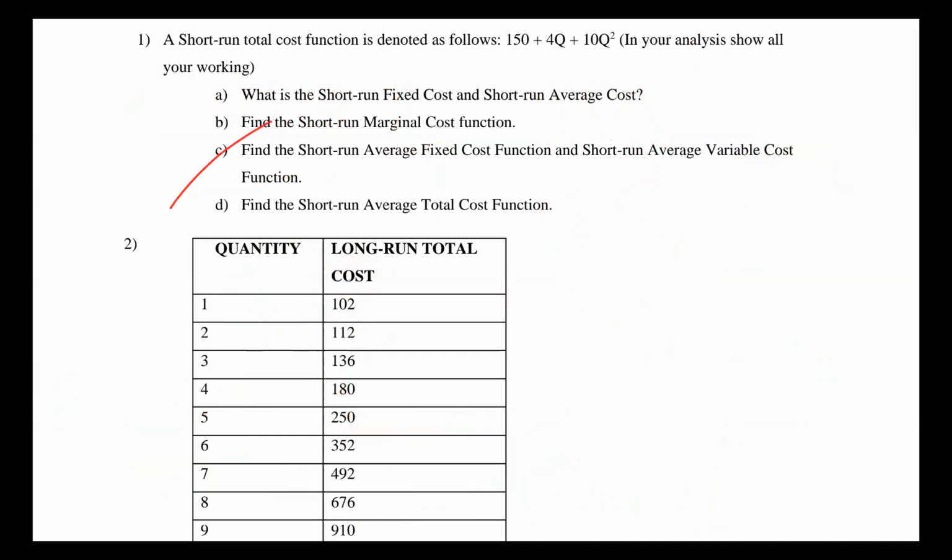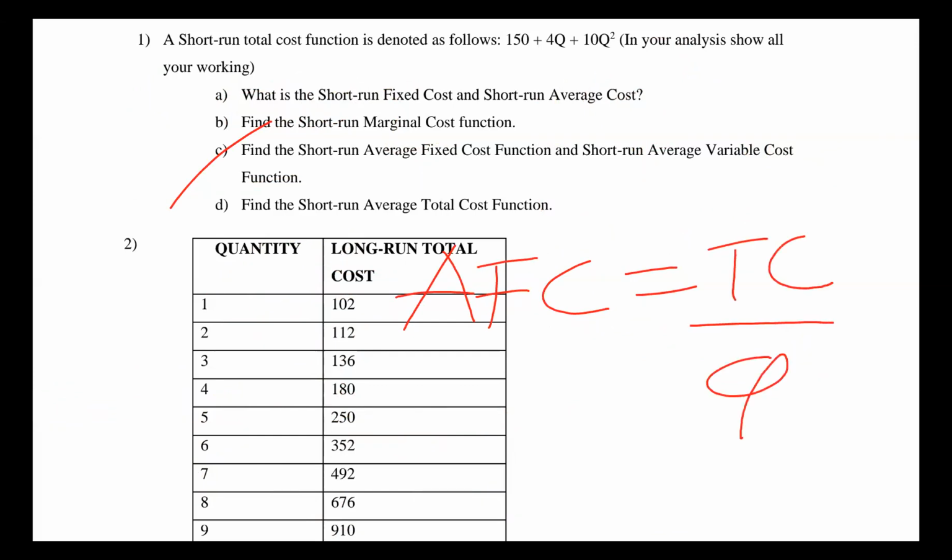Okay. Find the short run average fixed cost. The average fixed cost is found by saying total costs divided by output. If you pay attention, you can realize that we are trying to revise the cost theory of microeconomics.